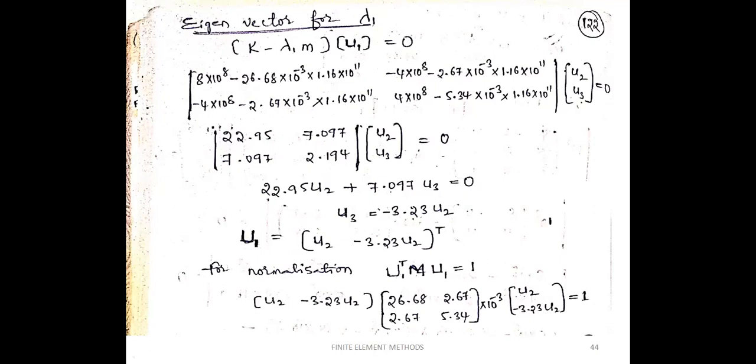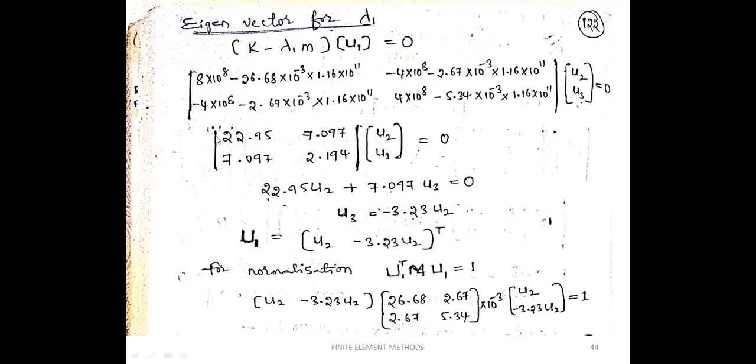Once you subtract k minus lambda 1 m, you get the matrix 22.95, 7.097, 7.097, 2.194. This is the value of the k minus lambda 1 m matrix, and into the displacement matrix u2 u3, that must be equal to 0.